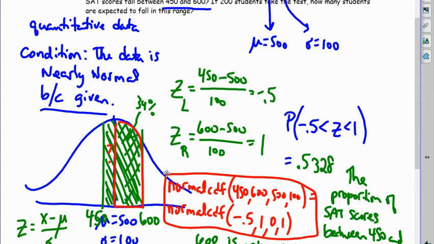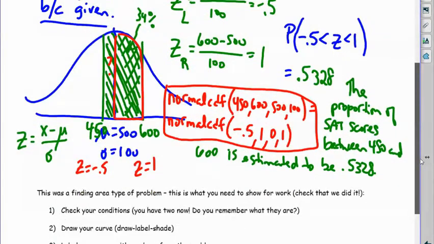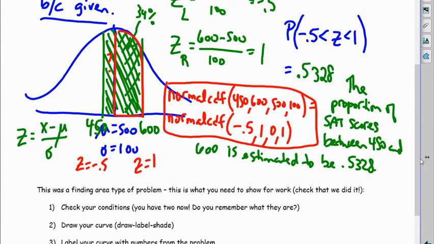if I multiply that by 200, and then I'll want to keep at least one more data point than my original data. So when I multiply 0.5328 times 200, I get 106.56.